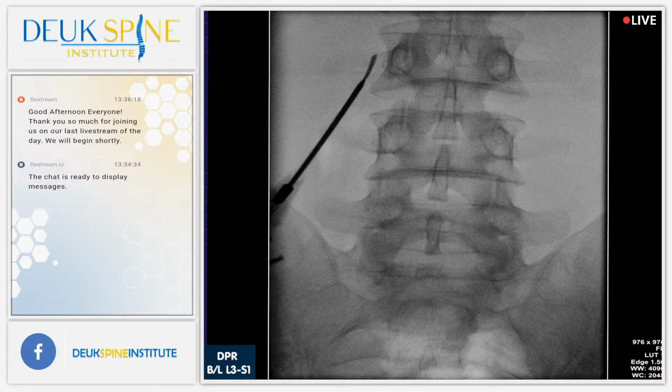It is the transmitter of pain from the facet joint to the brain. If that nerve is not there, then there is no pain. So somebody much smarter than me figured out a long time ago, hey, let's get rid of that nerve, and then the patient won't have any more pain from their facet joint.